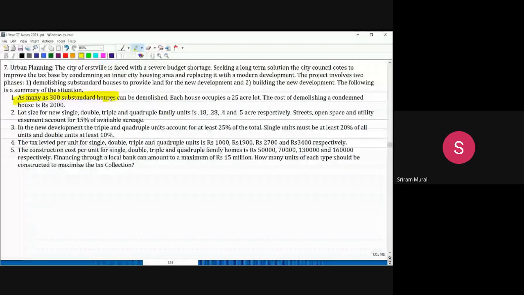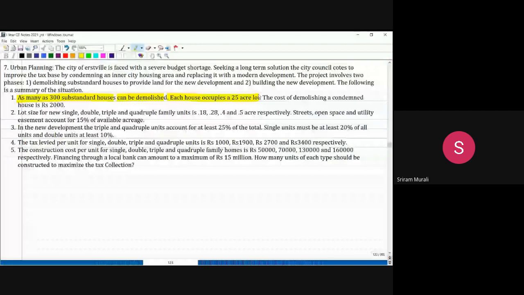So let us start this problem with the first thing. Let us read out the question completely. As many as 300 substandard houses can be demolished. Each house occupies 25 acre of land.